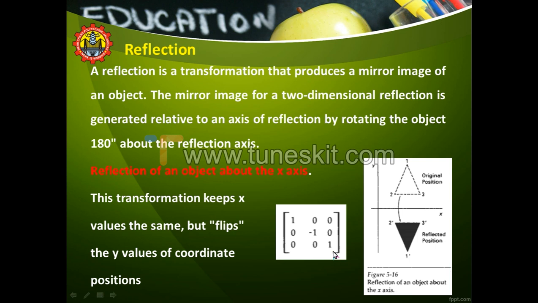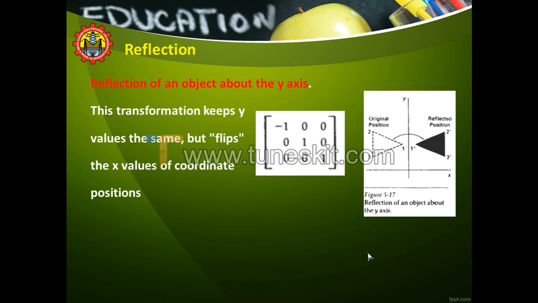So in this case, reflection of an object about the x-axis, we keep the x values the same, but we flip the y values by putting a minus sign with them, right? Okay, next case is reflection of an object about the y-axis.